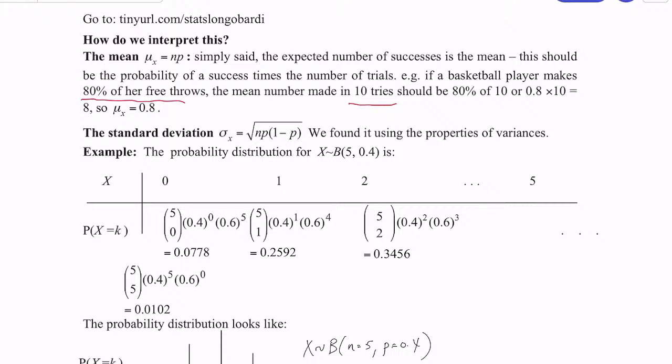So out of 10 tries, how many baskets will the basketball player get?